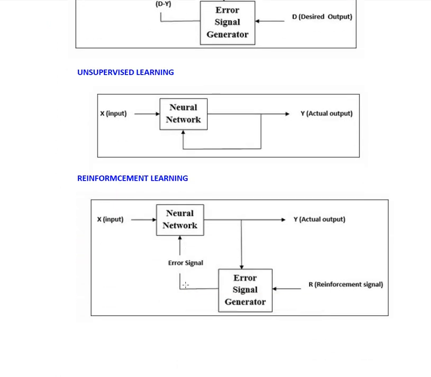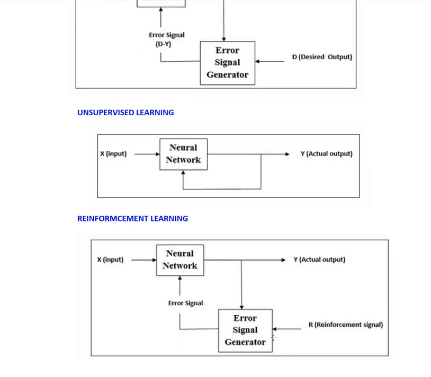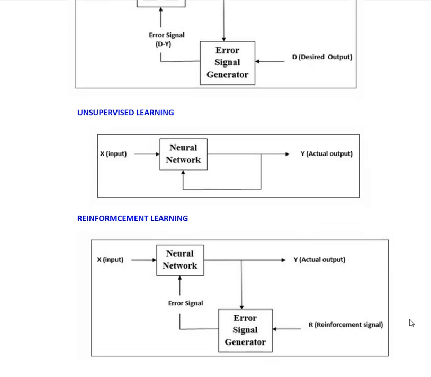Now coming to reinforcement learning, the input is there, just like supervised learning, input and output are there, but there is only one difference. In place of a desired output, a reinforcement signal is given. This type of learning system is meant to strengthen the network.